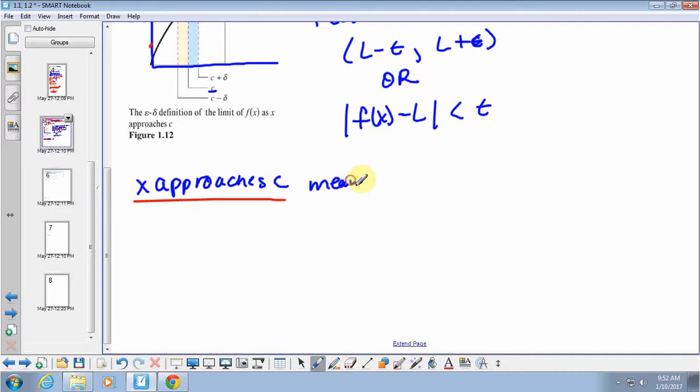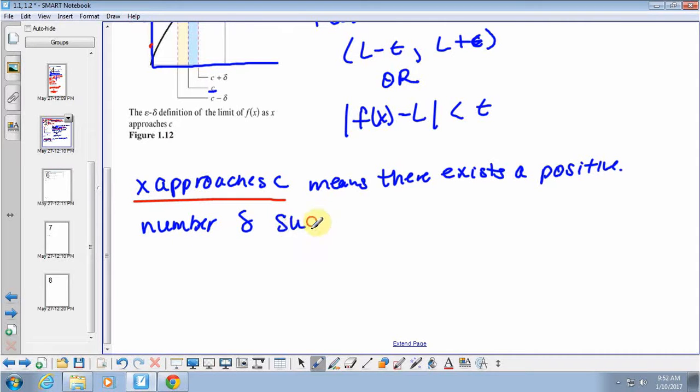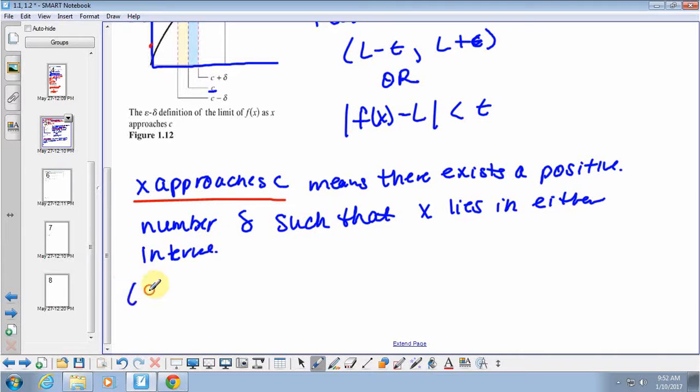This means there exists a positive number delta such that x lies in either interval C minus delta, C, or C, C plus delta.